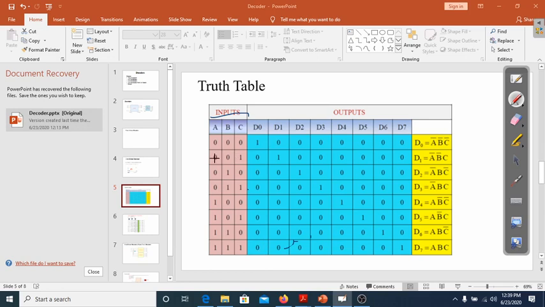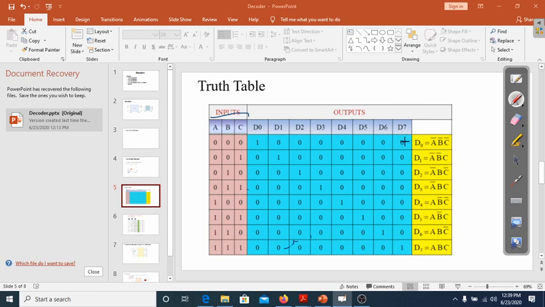When we have 0, 0, 1, D1 would be active high, and for the remaining combinations it is active low. For 0, 1, 0, D2 is active high. For the combination 1, 1, 1, D7 is active high.